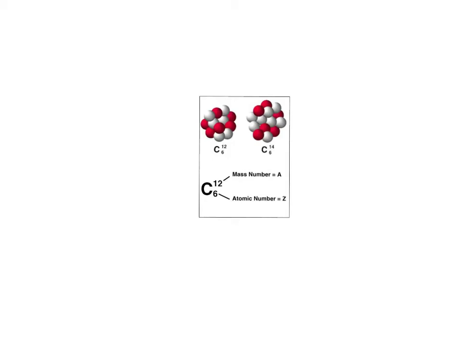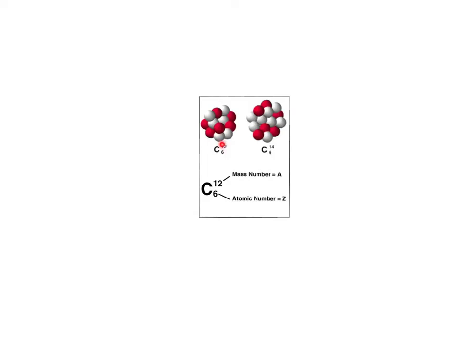If we look at this drawing, we can see that there are red and white particles. The red particles are going to be protons, and the white particles are neutrons. If we look at this nucleus right here, the 6 is going to represent the number of protons in that nucleus.